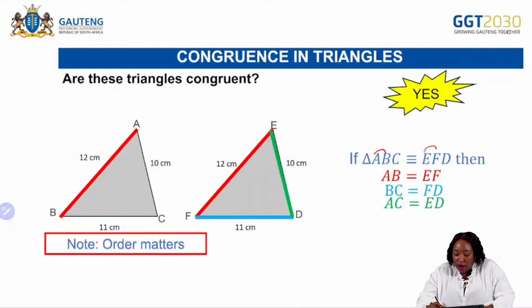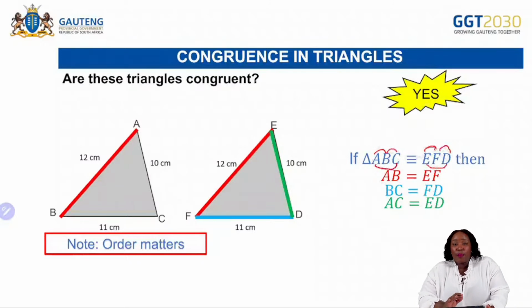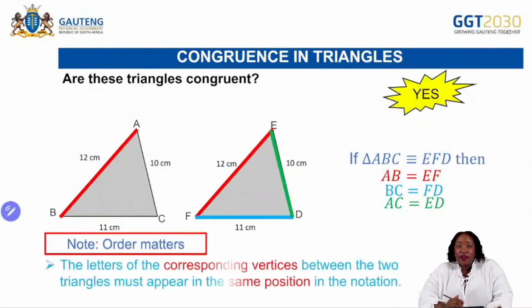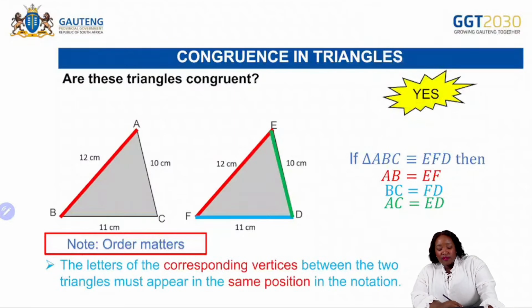Is that not what we have? Your eyebrow, right? And then you've got BC, your second eyebrow, is equal to FD. There you go. Right, and then you've got your smile. AC is equal to ED. Do you see that? So you should be able to pick up that about your sides from your diagram. Eyebrow, eyebrow, smile. Okay. All right, so order is very important. Now you understand what we mean by that, right? Your corresponding vertices between the two triangles must appear in that same position in your notation as well.